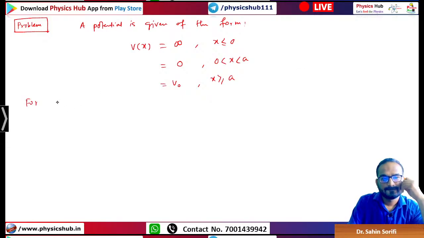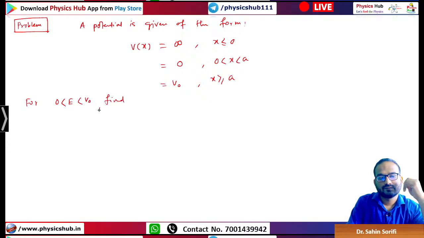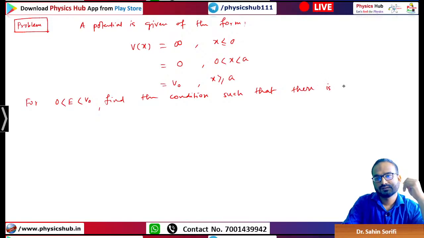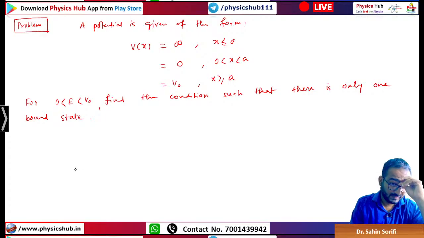For 0 less than E less than V0, find the condition such that there is only one bound state.